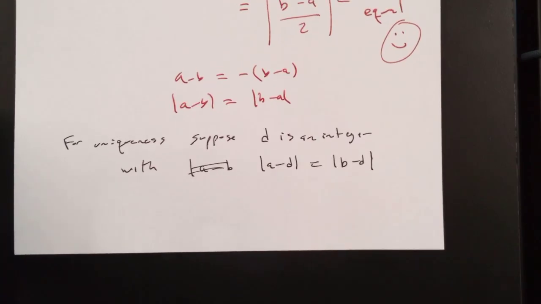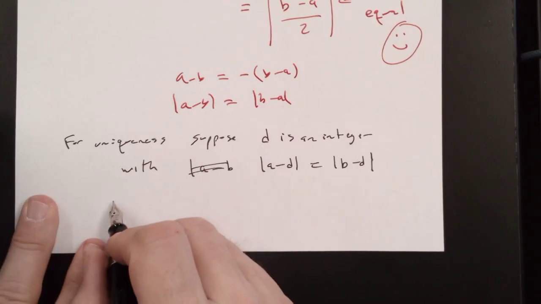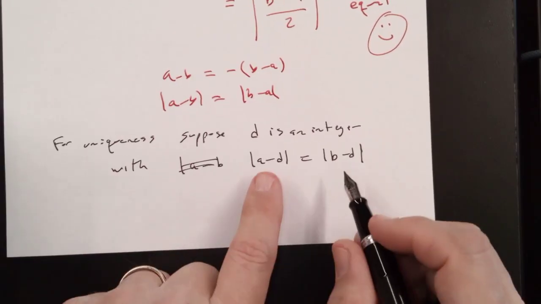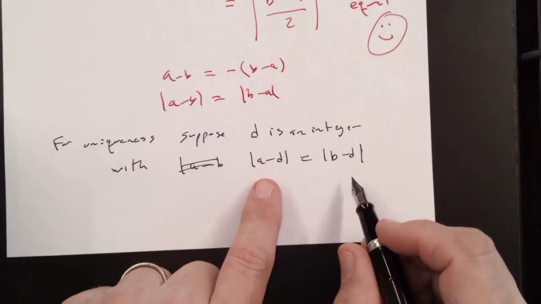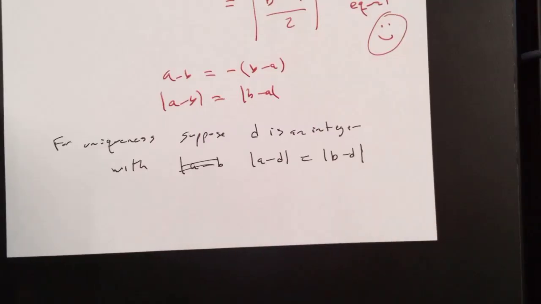So let's suppose we have a different one. Then we have two options because these are absolute values, right? They're either the same or one is the negative of the other. Yes?